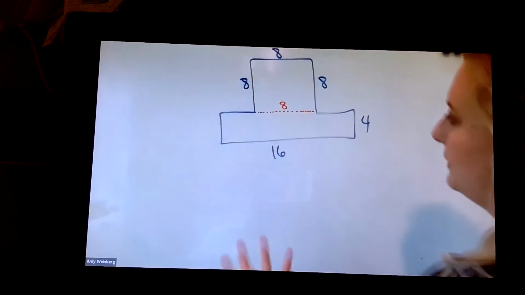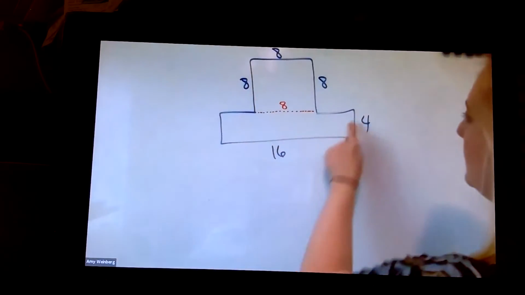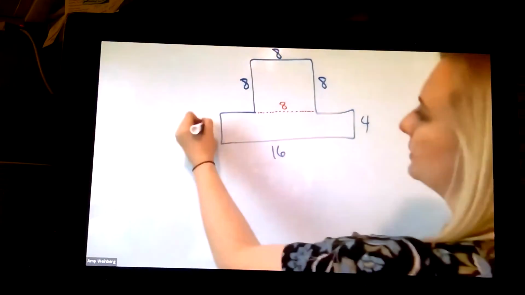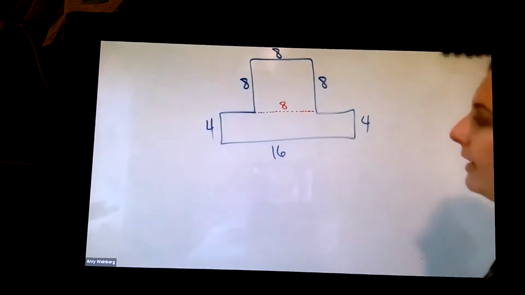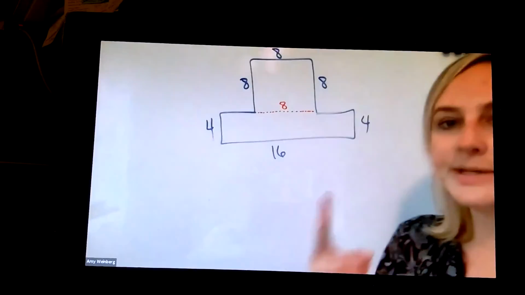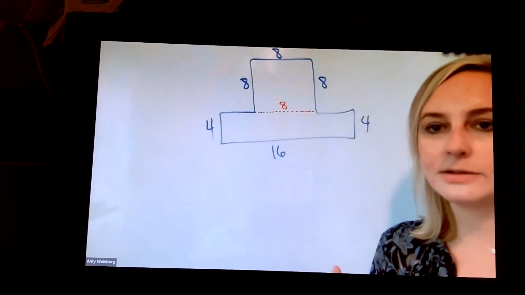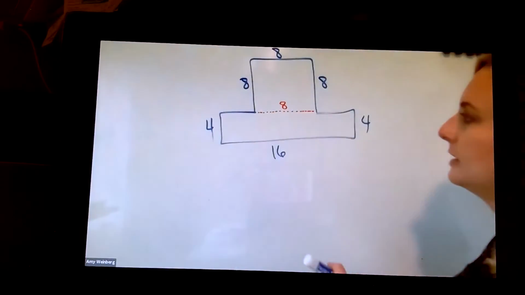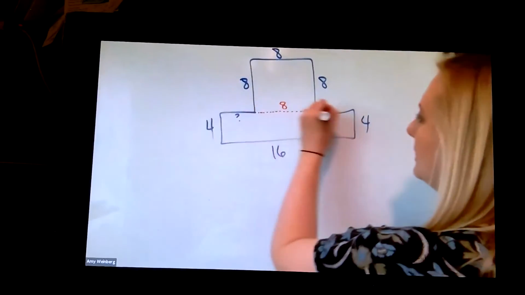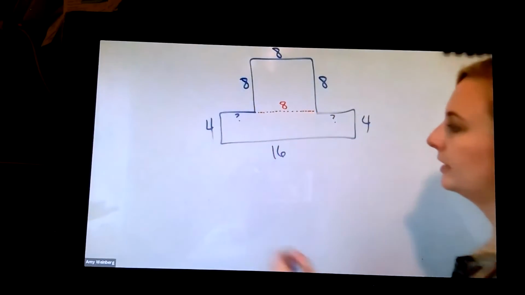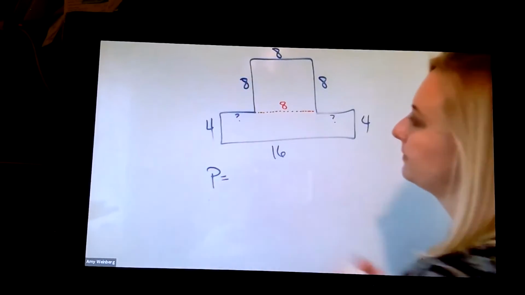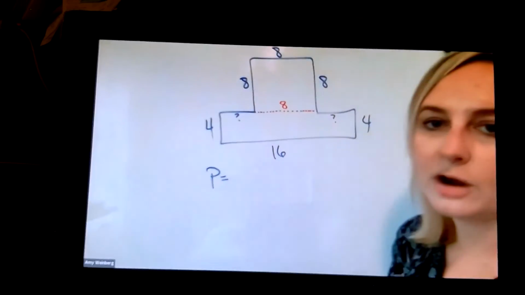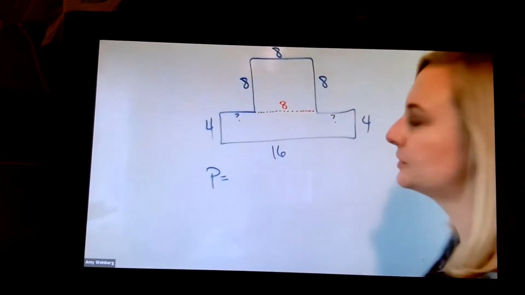All right, so what else can I figure out? Well, I've got 16 here, I've got 4 here. Well, that means that this also has to be a 4, okay? So I'm still missing 2 lines, right? I'm still missing this, and I'm still missing this. So this is a question mark, this is a question mark, right? I'm trying to find my perimeter. So I am going to add up what I have so far, and I'm going to ignore my question marks for a minute.